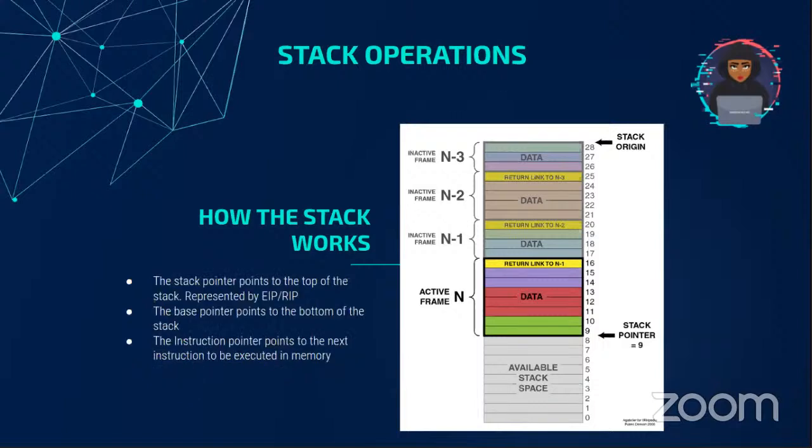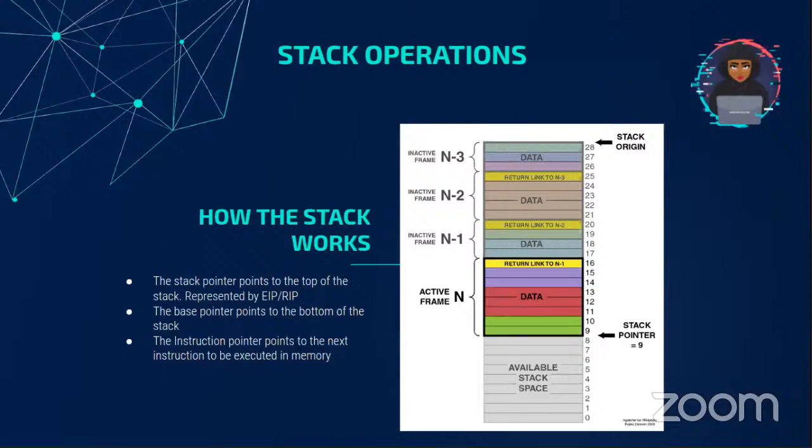The instruction pointer is basically a register that is used to point to the next instruction to be executed in memory, which is where execution usually continues after calling the function. So if I call the function and its data is placed onto the stack, it needs to know where it's going to return to in the program once execution continues.